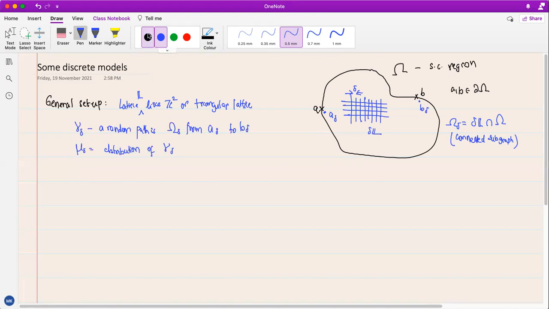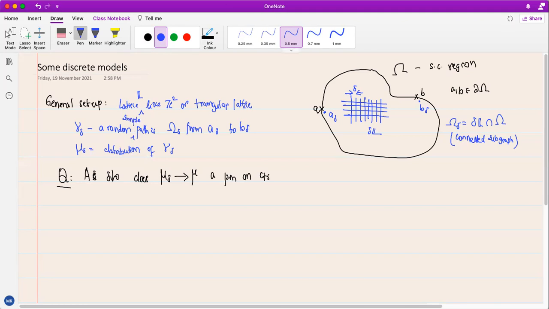The question that one asks is, as delta goes down to 0, does mu delta converge to some mu, a probability measure on continuous paths? By the way, for random path, let's assume all these are simple paths. Okay, random simple path.